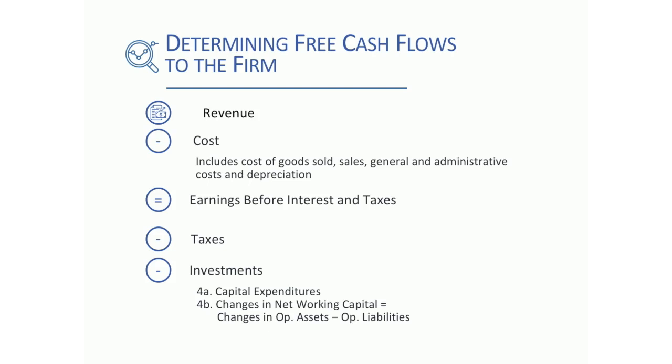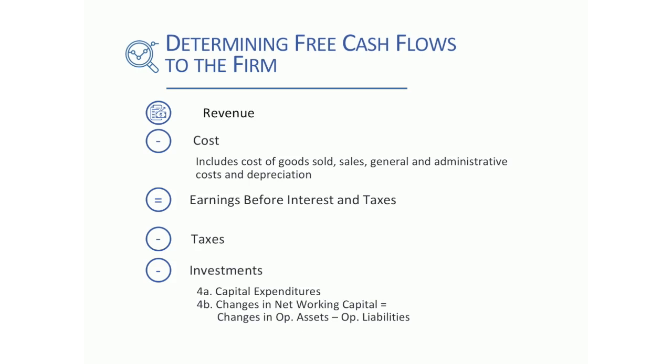The other big category of investment is net working capital. Net working capital includes operating assets and operating liabilities. So what is an operating asset? Maybe the primary example of an operating asset is inventory.